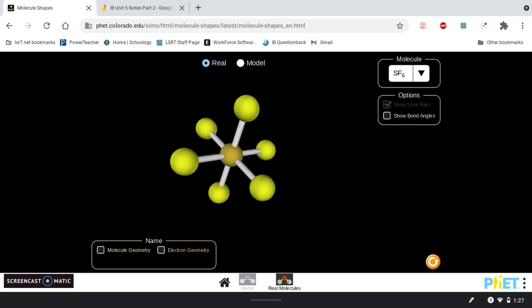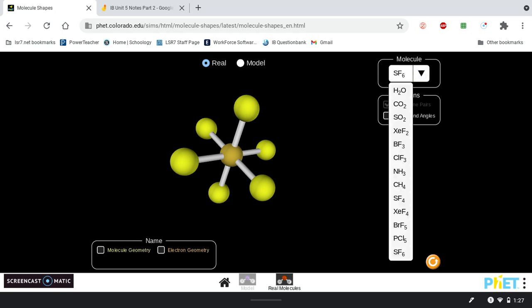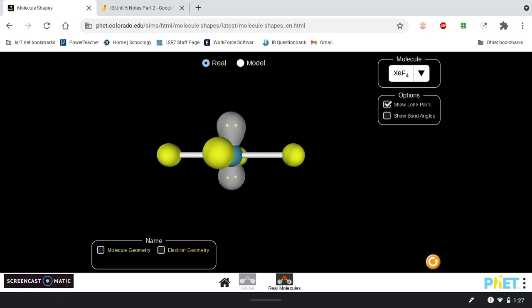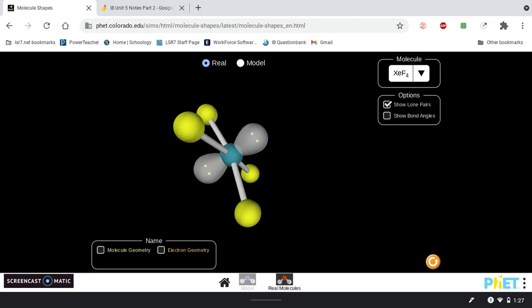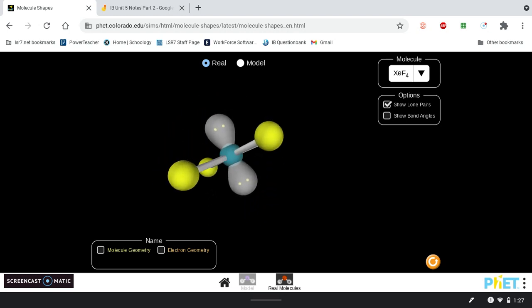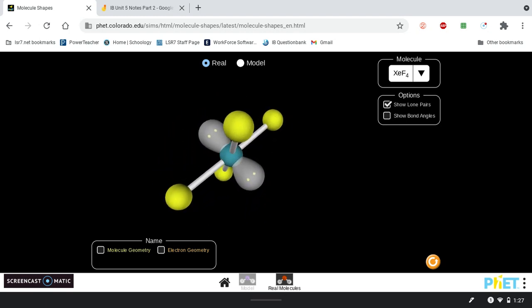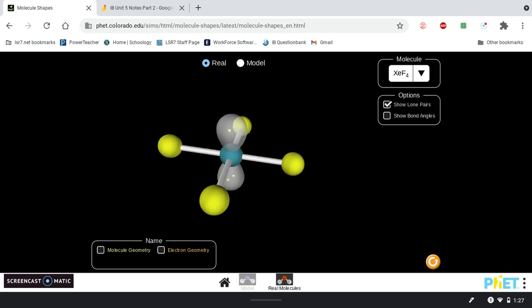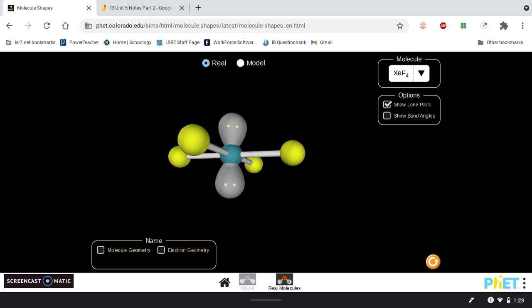Once again, I'd say 6 electron domains that repel each other. That's why it is octahedral. It doesn't really matter how I move these electron domains, they're going to repel each other. That's what I really want you to take away: the idea of the repulsion. Kind of a fun thing to move those models around.